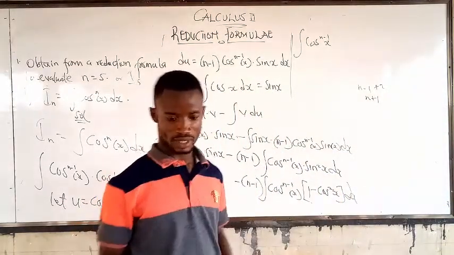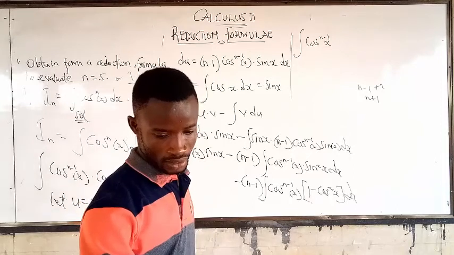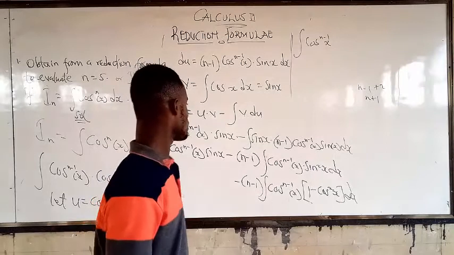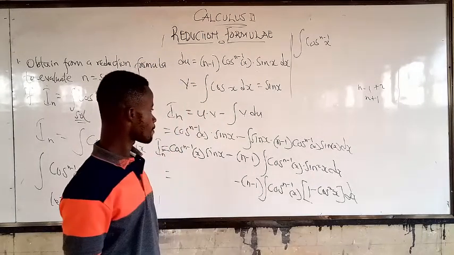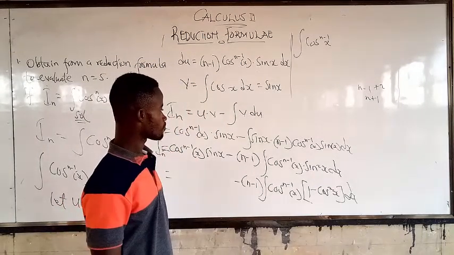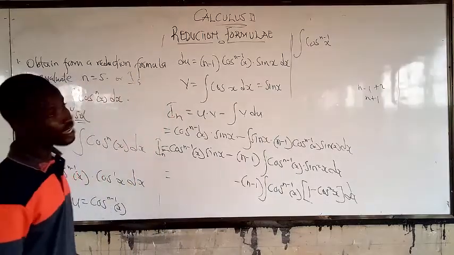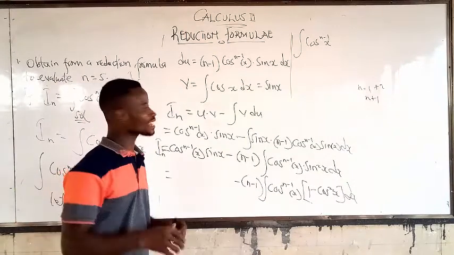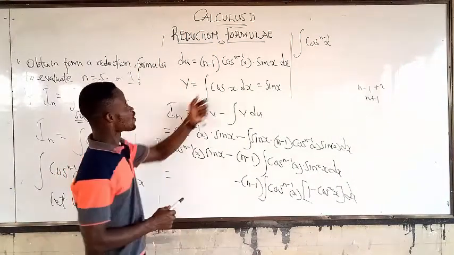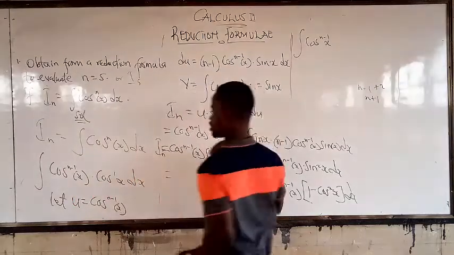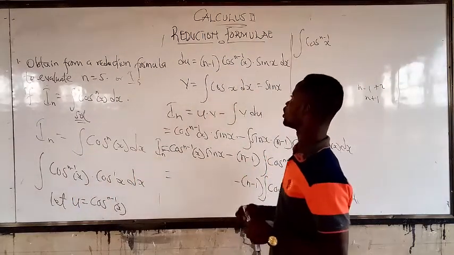Let me check if there is a mistake somewhere. I think there is a mistake somewhere. Yeah. The mistake is here. When we're doing the differentiation of this, we know it's a general power rule.